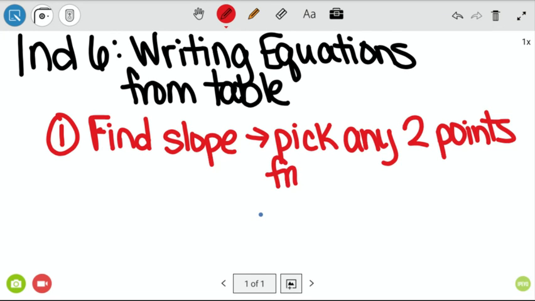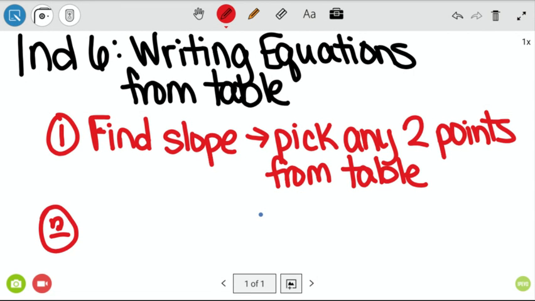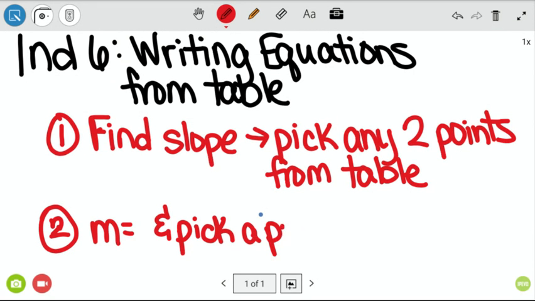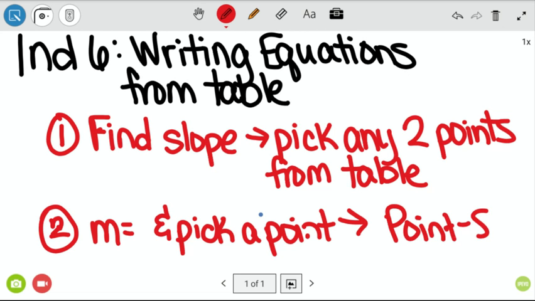So you pick any 2 ordered pairs from the table, find the slope, and then use your slope and pick a point. And then if you have a slope and a point, we're going to go straight to our point slope formula.